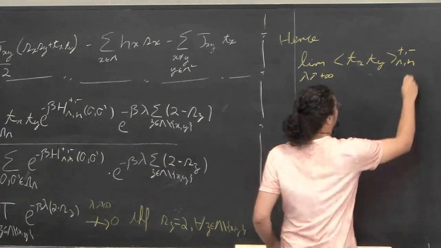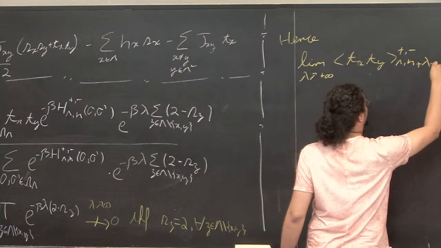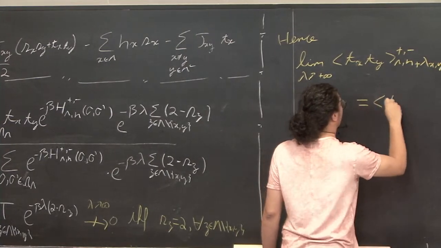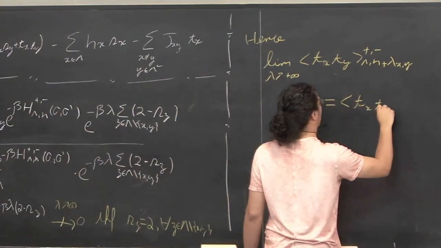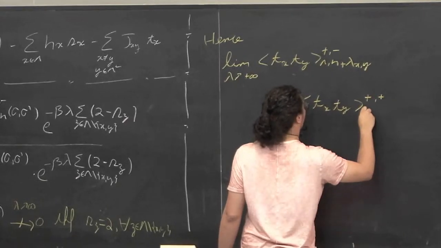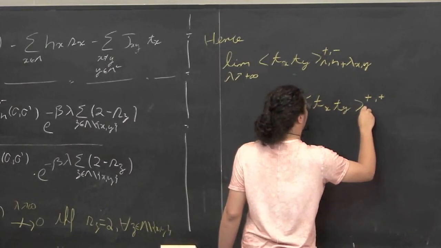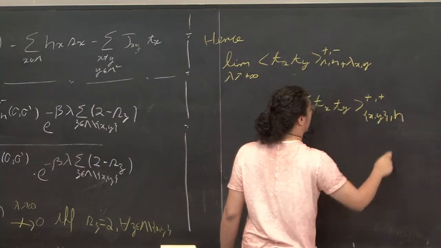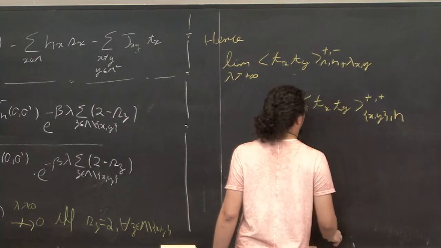When I take the limit, I have this x and y. This limit here is exactly tx and ty plus and plus x and y, and here you have the original external field.